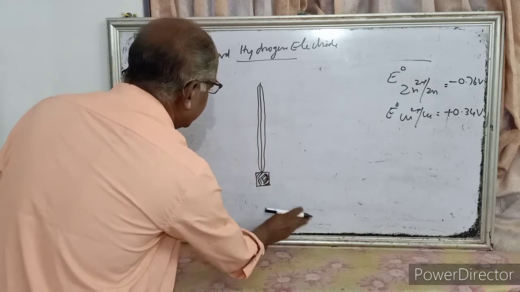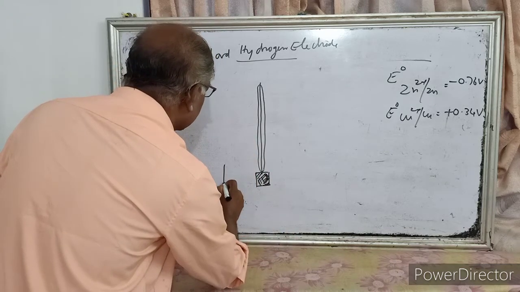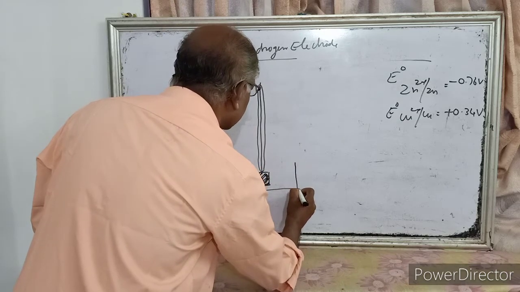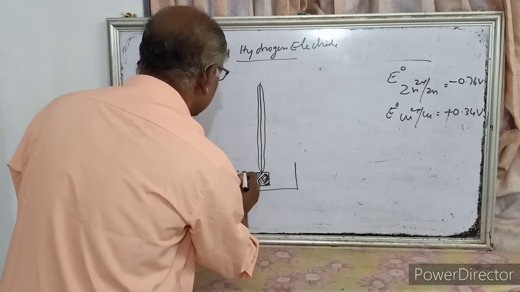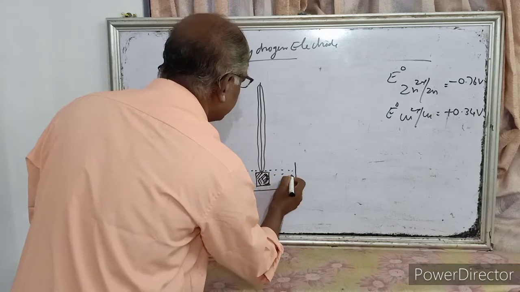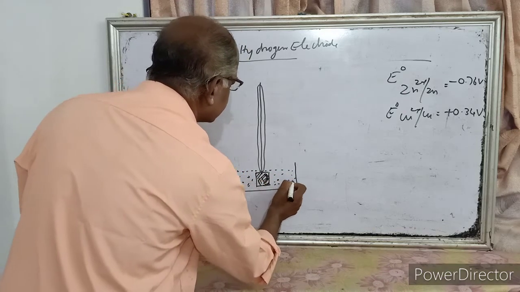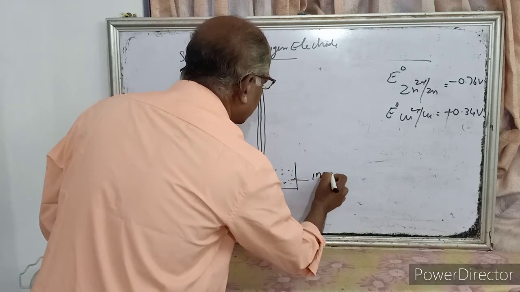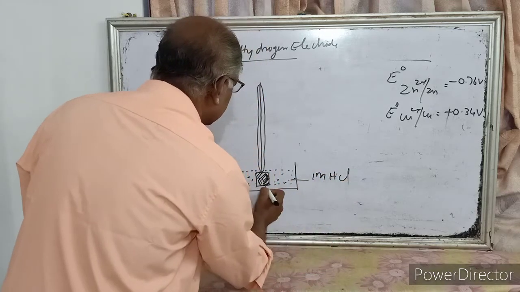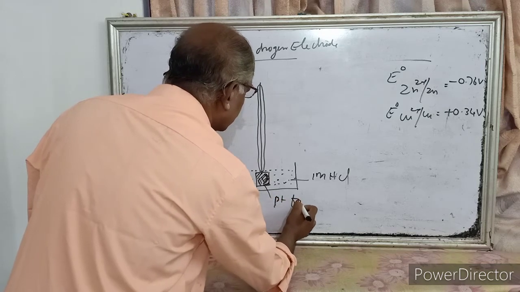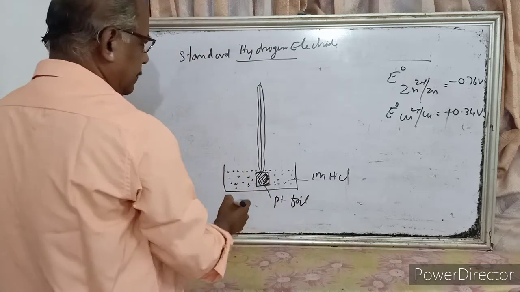Now this is placed in 1 molar sulfuric acid. So this is immersed in 1 molar HCl. This is platinum foil coated with the platinum black.